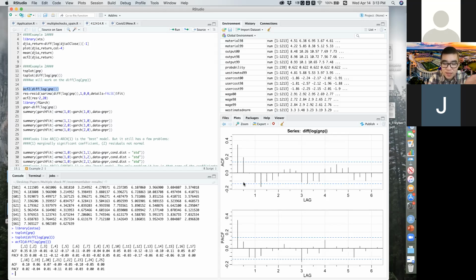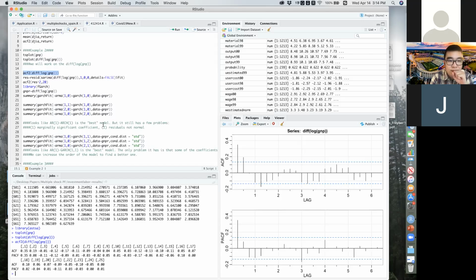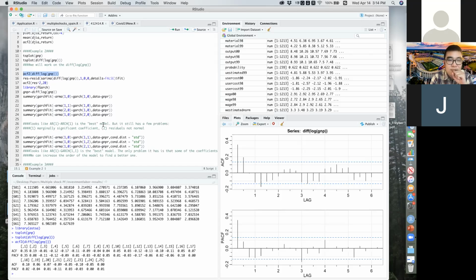Or you can think that the ACF cuts off at lag 2, so maybe we'll fit an MA(2) model for the mu_t part. I'll just go with the textbook and fit an AR(1) model to it, and you can check the MA(2) model later, or maybe an ARMA(1,2) model.